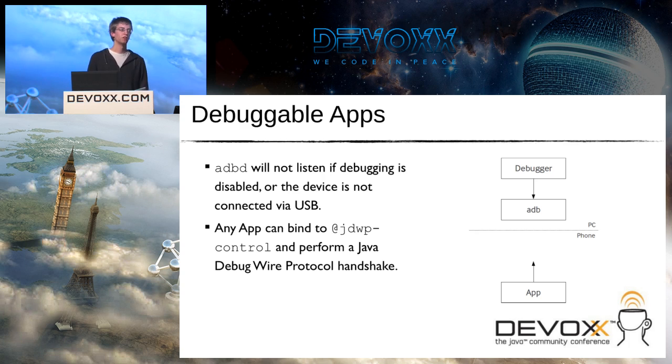But what happens if you don't have USB debugging enabled? Or you do, but the USB cable isn't connected? In that case, ADBD isn't running on your phone, and nothing is listening on the JDWP control socket.